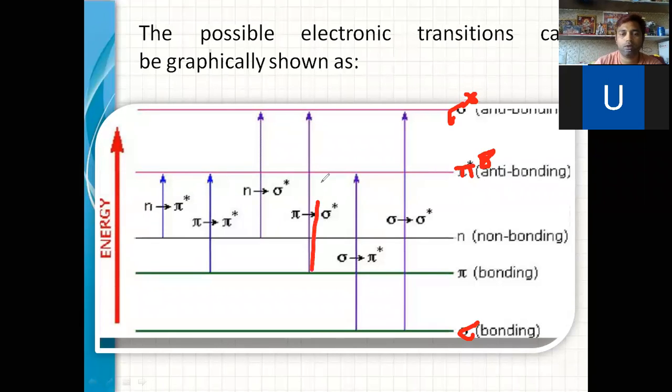Then from non-bonding, you can see here, non-bonding to sigma star, and then non-bonding to pi star. We'll discuss this.